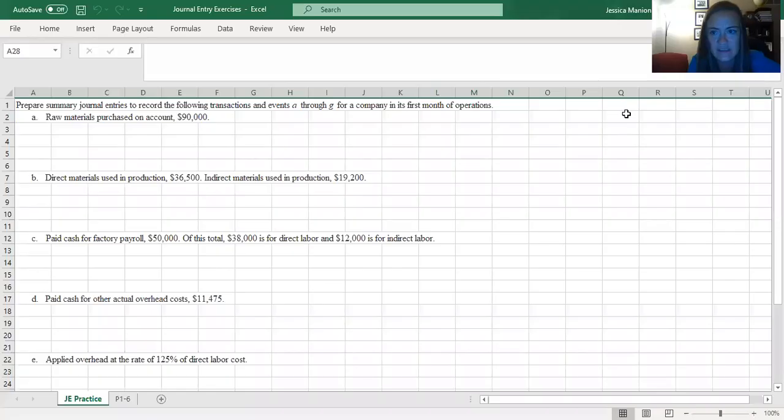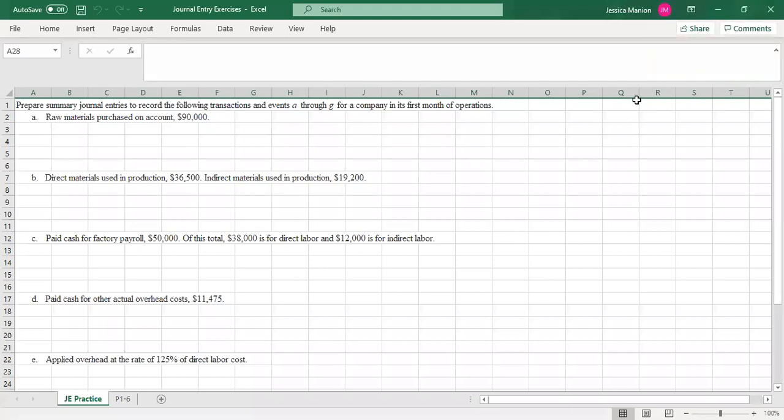Okay, so we've got two problems here for practice with some of these cost accounting journal entries. And I mentioned before in class, chapter 1 introduces us to cost accounting, managerial accounting. Chapter 2, we go more in depth into direct material. Chapter 3, we go more in depth into labor. Chapter 4, we go more in depth into overhead.